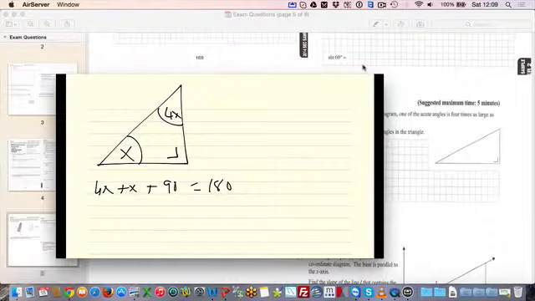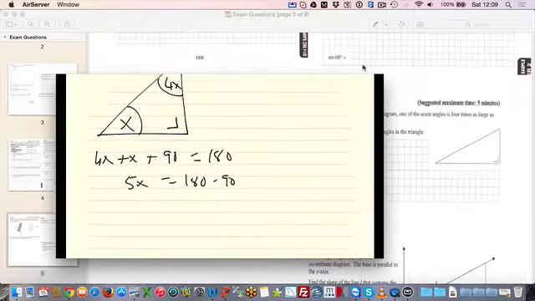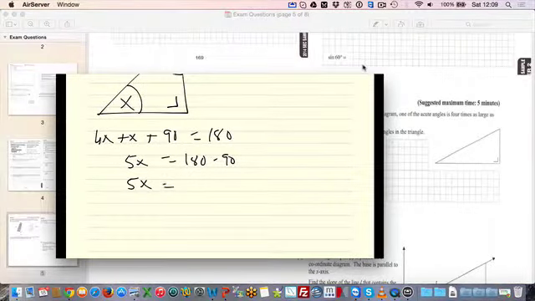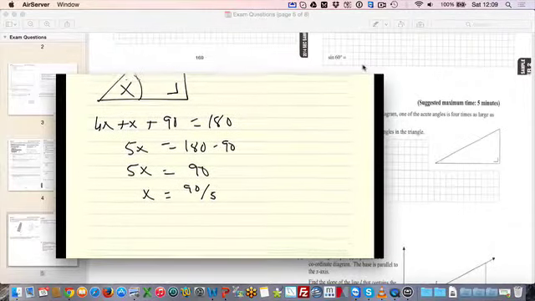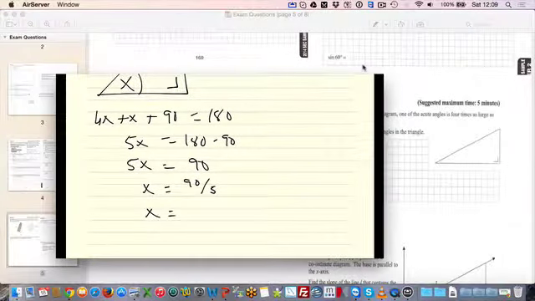That's 5x. 5x is equal to 180 minus 90, so 5x is equal to 90. X is equal to 90 divided by 5, which is 18. You okay with that?